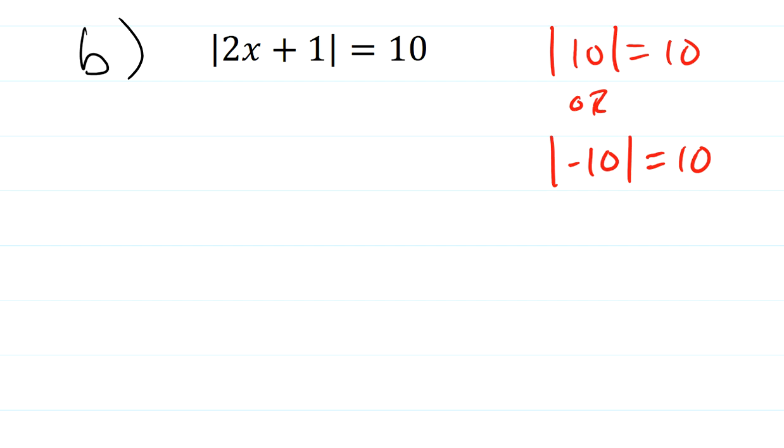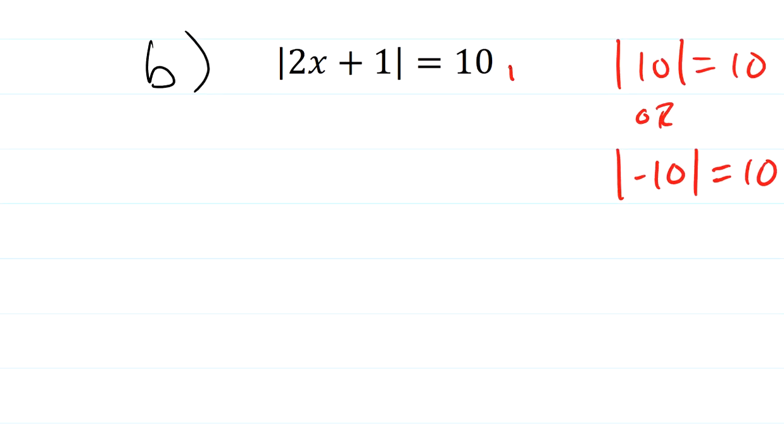So both of those end up being true. So the question is, how do we figure out the values of x that make that happen? We're going to break this up into 2 separate equations. This thing inside of the absolute value must either be positive 10 or negative 10.